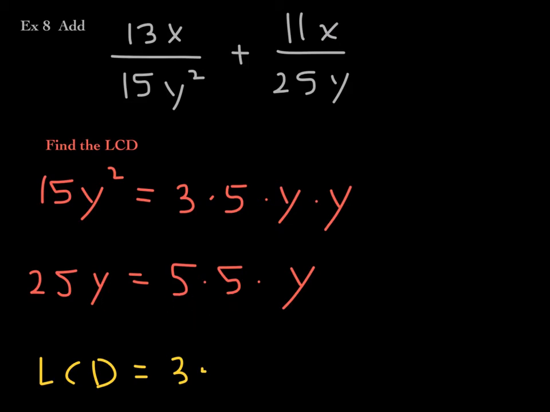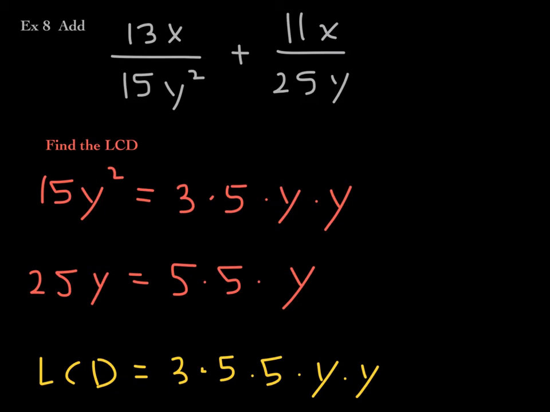You would not say it appears 3 times because these are two different factorizations. So consider each factorization separately. It appears once here, and over here it appears twice. So you'll need two 5's. Following that thinking, you'll need two y's in your LCD.